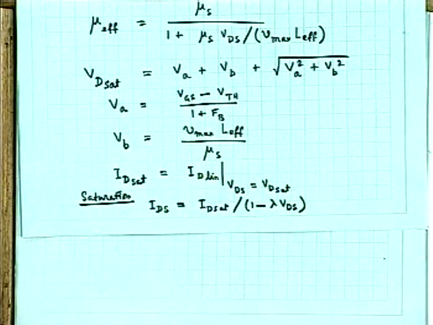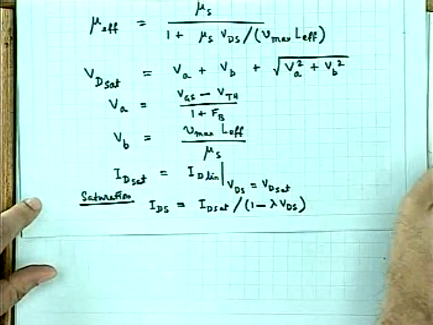That more or less completes the DC modeling of level 3. So, remember how complex the VD sat calculation was in level 2, and then the inaccuracies involved with Qi dash equal to 0, etc. Level 2 is otherwise a physically very good model, but it is complicated.